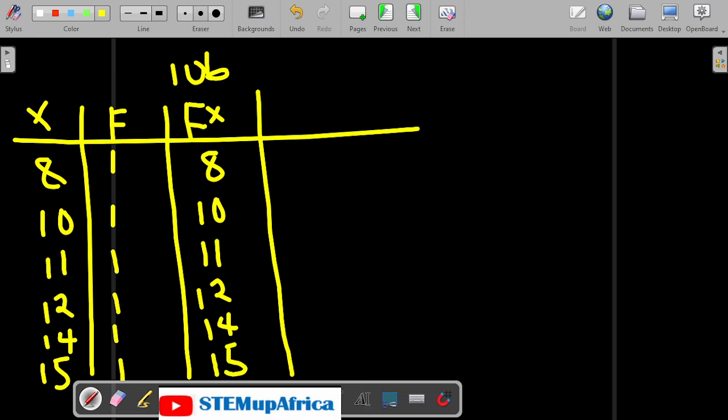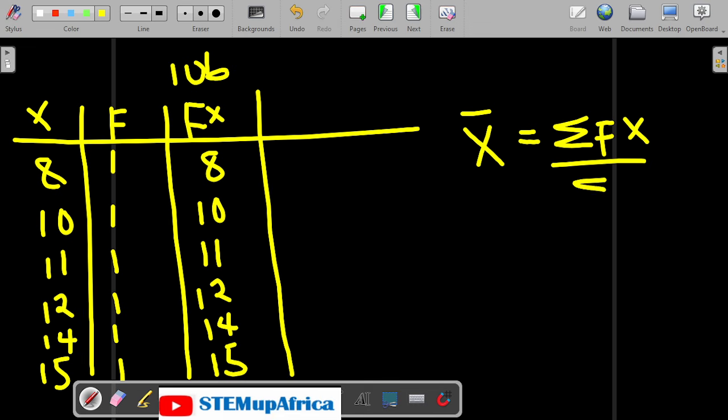So I'll calculate my x bar, which is my mean. Mean is summation fx over summation f. So let's get our summation fx. The total value is there in fx. I will start by adding 8 plus 10 plus 11 plus 12 plus 14 plus 15. That will give us 70.